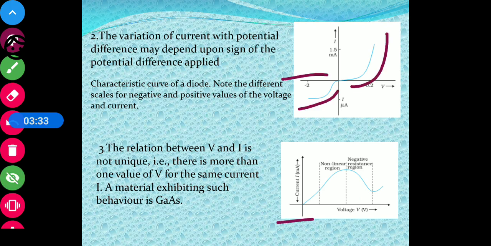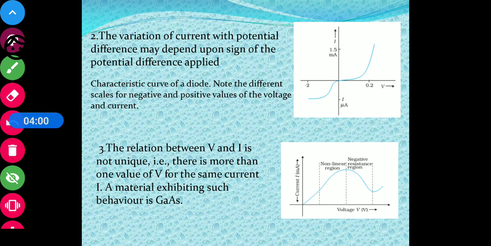Similarly, in this graph, you can see that at this point and at this point, there are two values of the voltage for the same value of the current. This is a different type of material showing two values of the potential difference for the same value of the current.